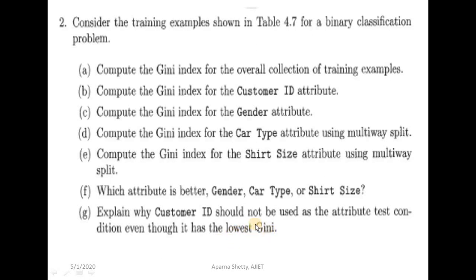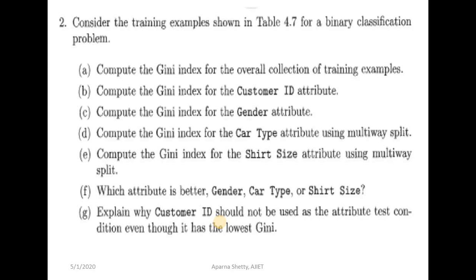Gini. This we have already discussed, correct? Why you cannot use customer ID as the attribute test condition, even though splitting on customer ID gives you very low impurity, almost 0 impurity.